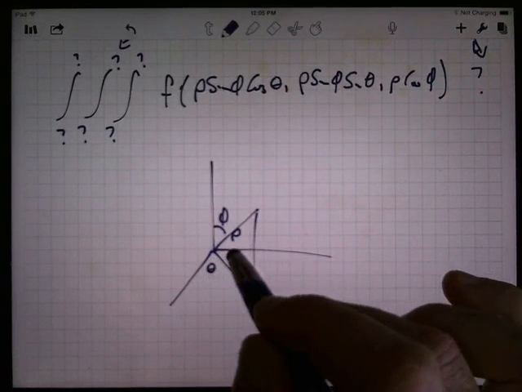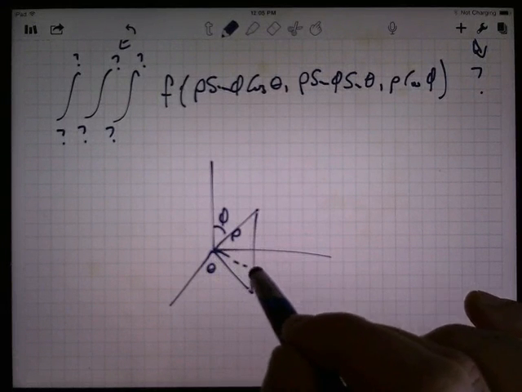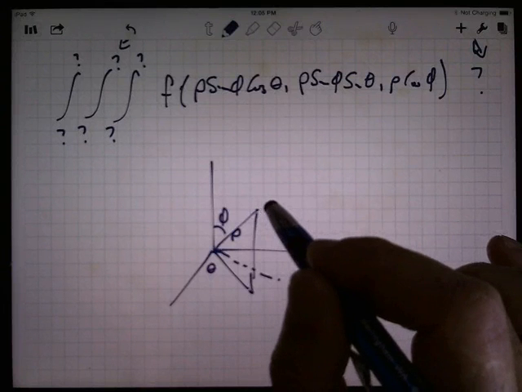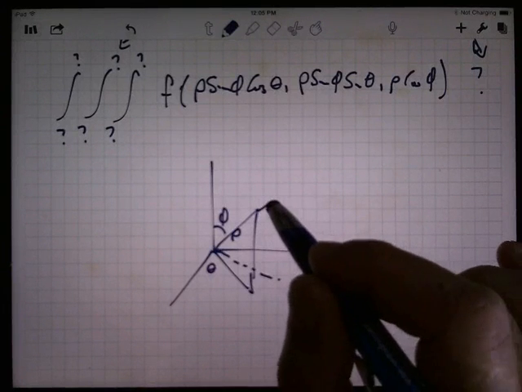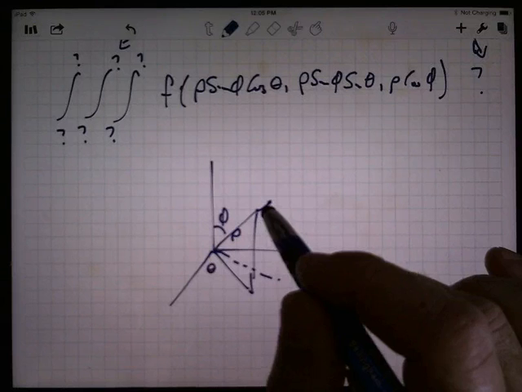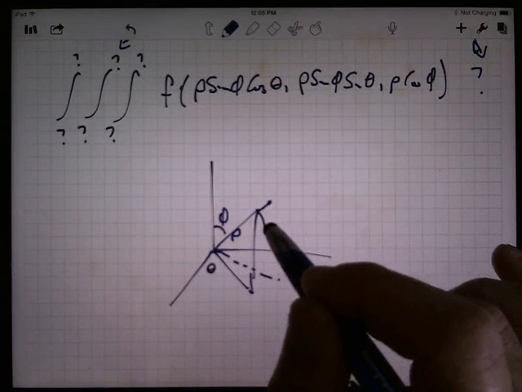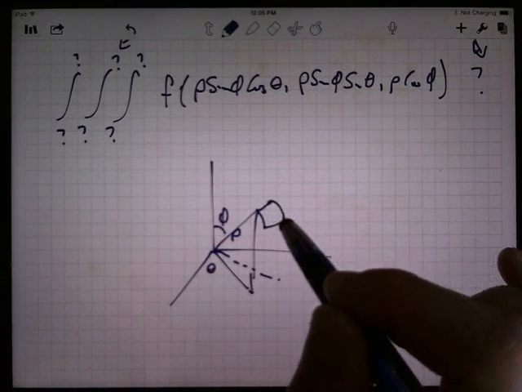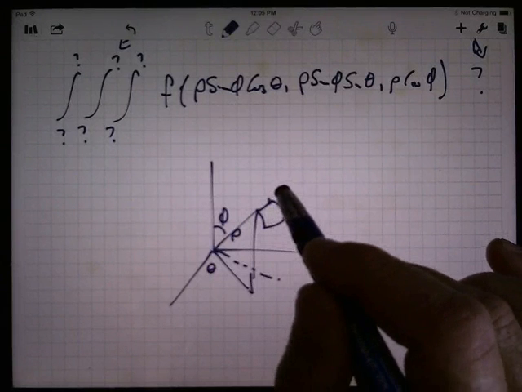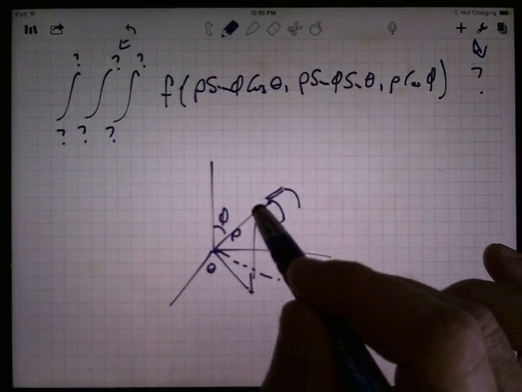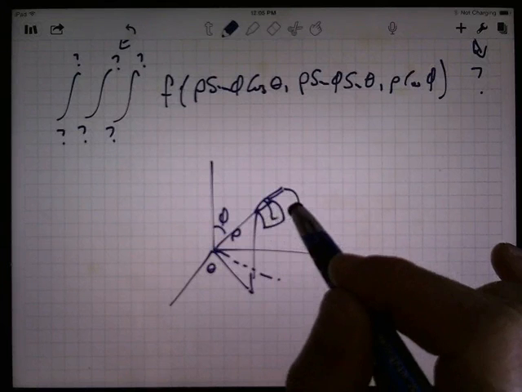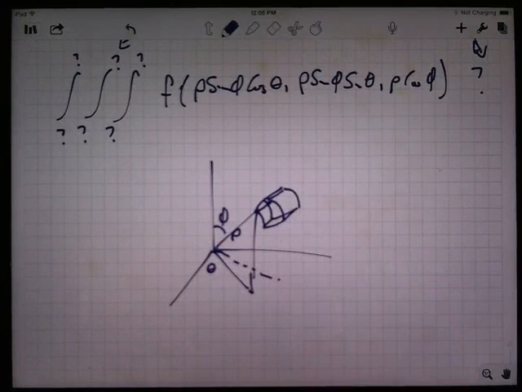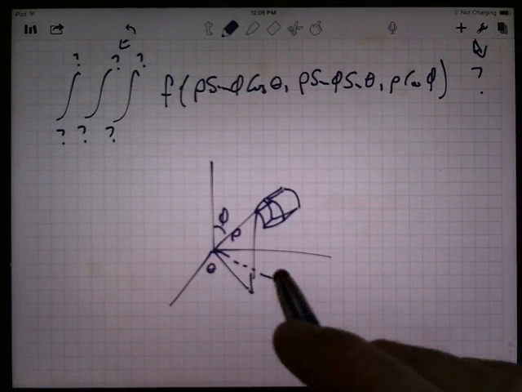What I'm going to do is change theta by a little bit, which would rotate this around to here. I'm going to change phi by a little bit, which rotates it down to there. And I'm going to change rho by a little bit, which kind of pushes everything out. And I'm looking for the volume of that little thing.